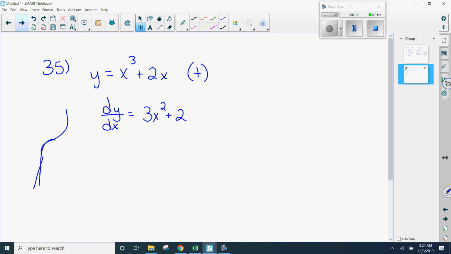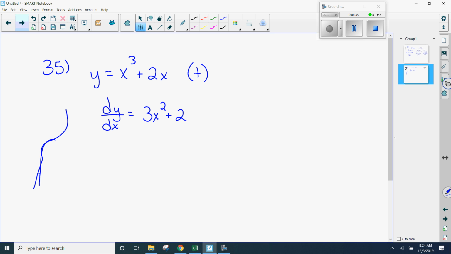You look at that and you say, okay, if I let x be a positive number and I square it, it will still be positive. Times 3 is positive, plus 2 is positive. If x is 0, 0 squared is 0, times 3 is 0, plus 2 is 2. That's positive. If x is negative, what happens? If it's negative 1, what's negative 1 squared? 1.